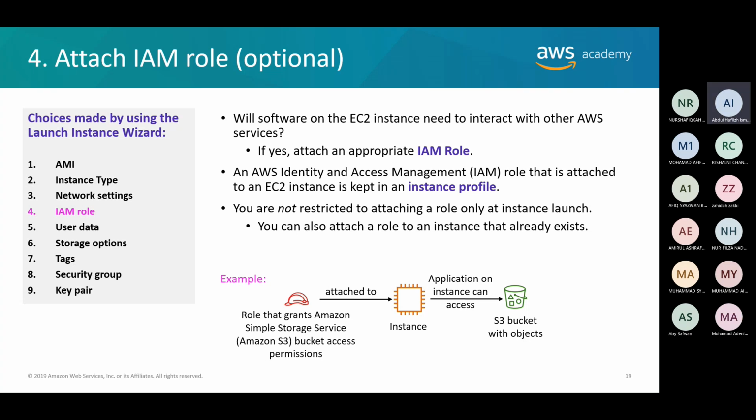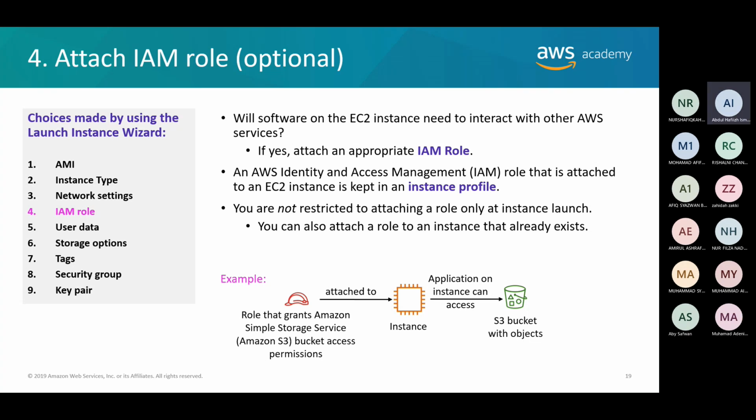If you change a role, the change is propagated to all instances that have the role attached to them. So we create an IAM role, then attach that role to many instances and many applications. When we change that policy, it changes for everything we attached it to. Okay.